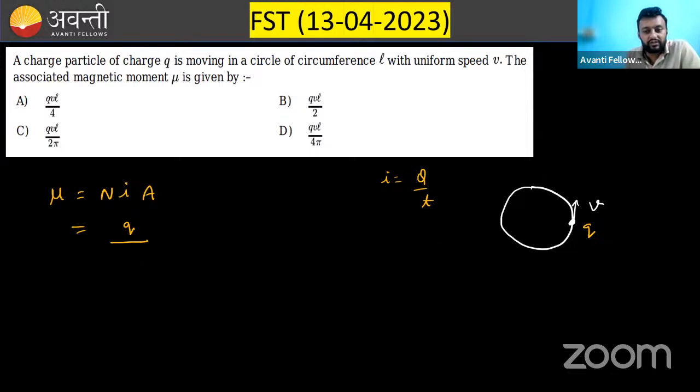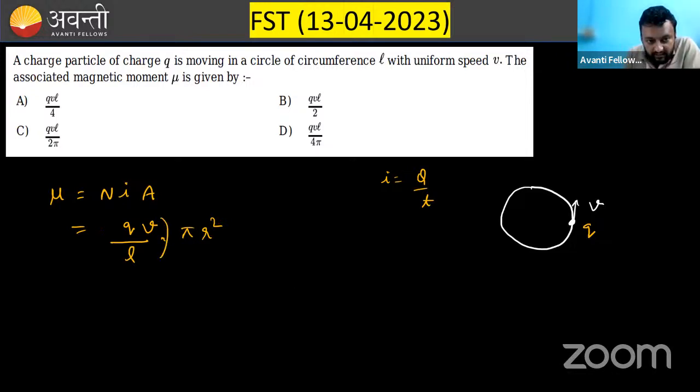Time is equal to distance over speed. The distance in one revolution is L, given as the circumference L, divided by speed V. So V will be here, into area. Area is pi r square.